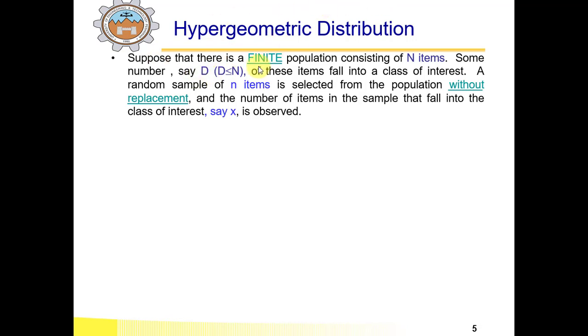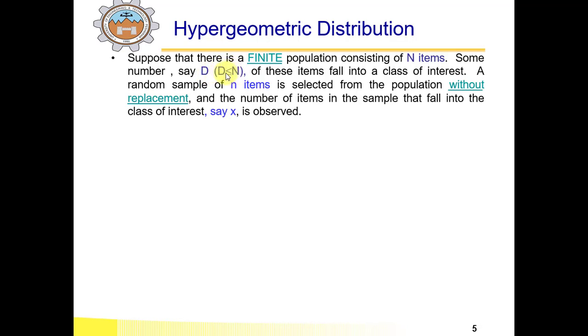So what is the hypergeometric distribution? Let's suppose we have a finite population. In the questions of hypergeometric distribution, we are given some finite population, say 100, that consists of N items. Some of these N items are defective. The defective items are represented by capital D. These defective items may be less than or equal to the population.